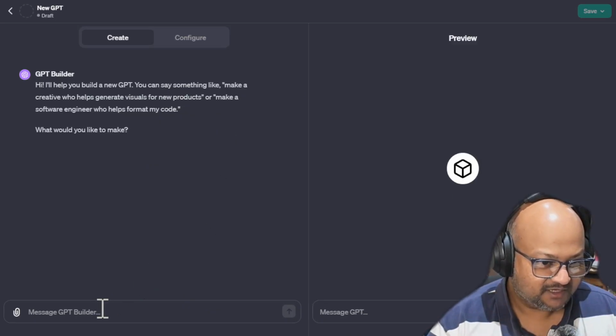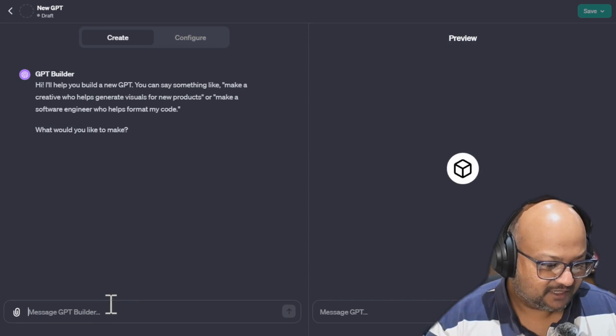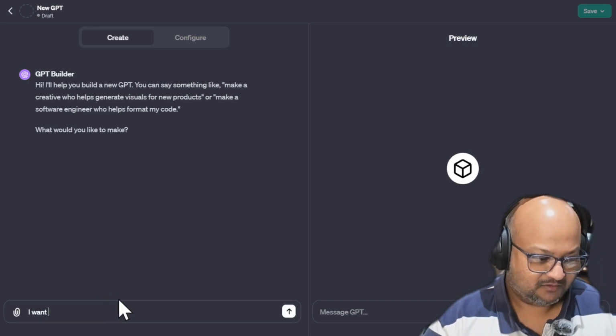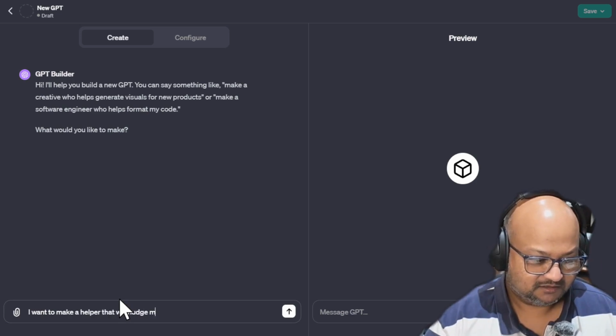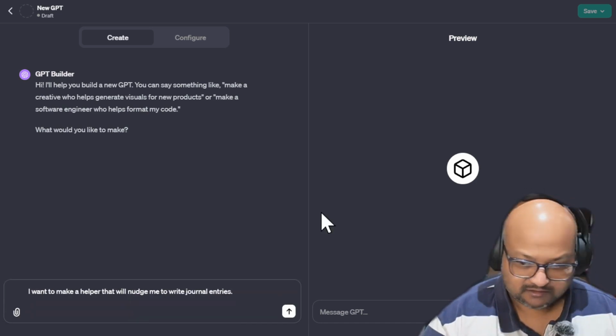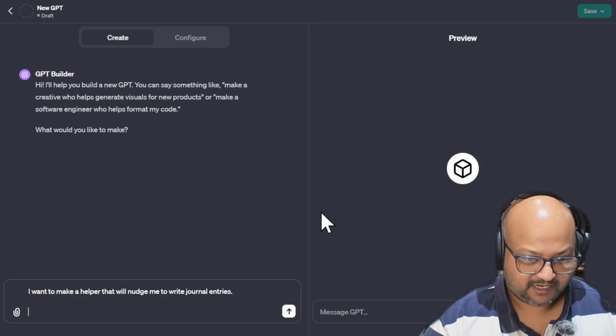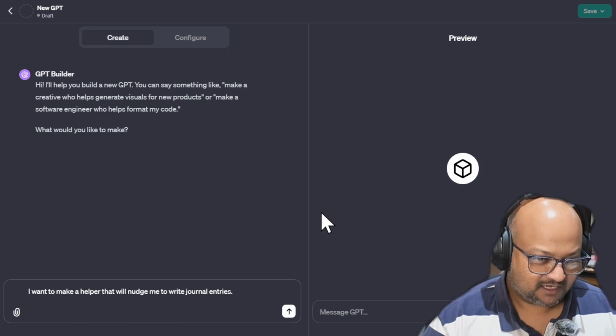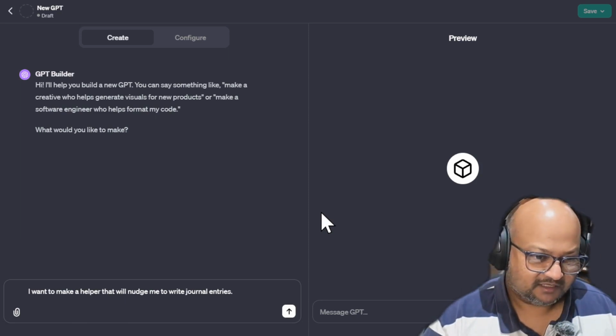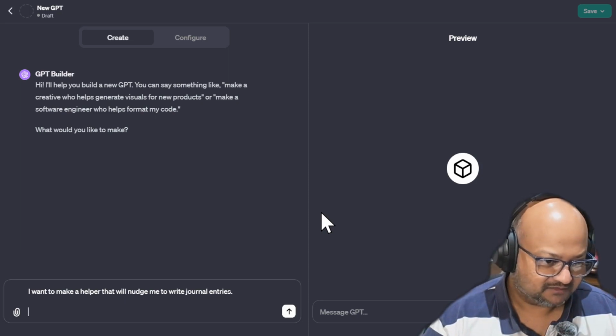Get into the GPT builder flow. What would you like to make? Let's see. I want to make a helper that will nudge me to write journal entries. Now, the very first prompt should actually be from the LLM. When I first open this, I want the LLM to greet me with something that asks, well, what happened today, or how you're feeling, or something like that.